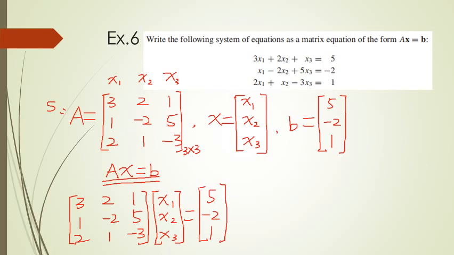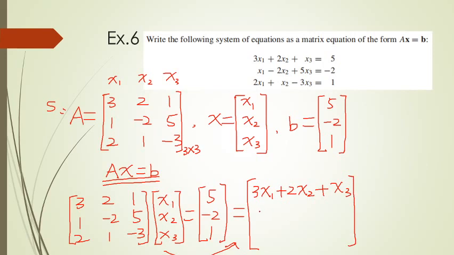So actually the left part, A times X, we can write in this way. A times X, that is the first equation 3x1 plus 2x2 plus x3. Right? That is AX.